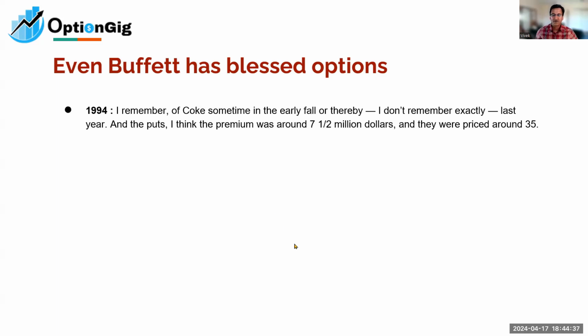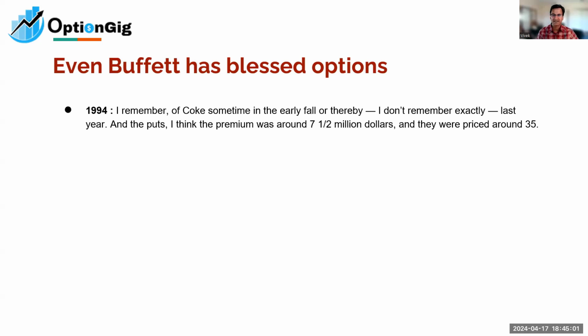Look into Warren Buffett's 1994 letter. He talks about, I remember, Coke sometimes in early fall. I don't know exactly when. He sold puts on Coke. He got a premium of $7.5 million when Coke was at 35. If this premium and the puts is a foreign language, stay with me.